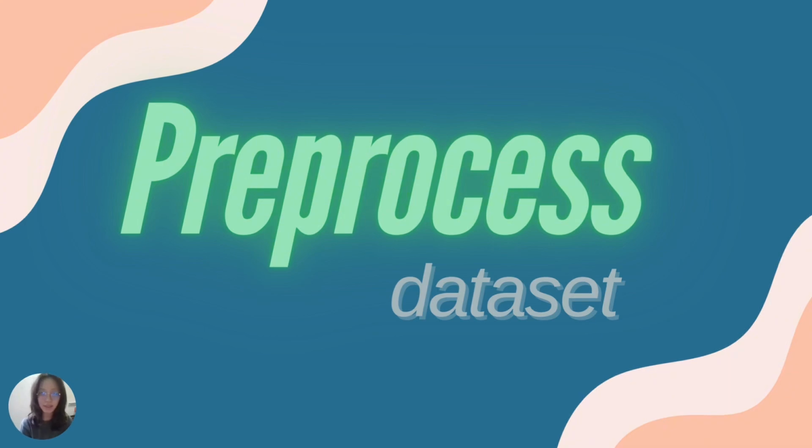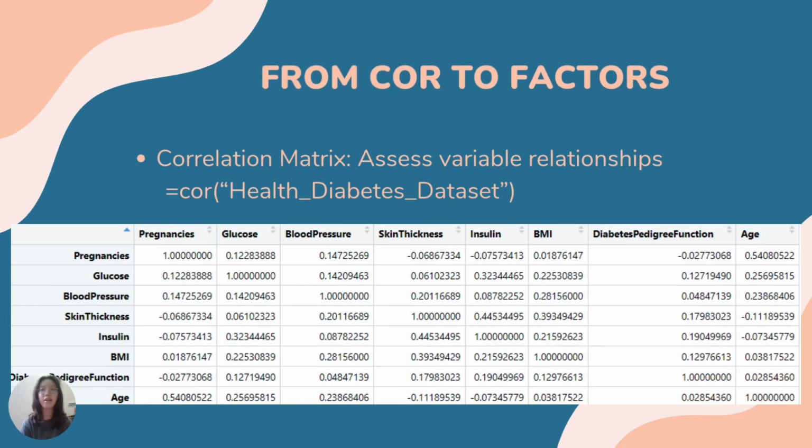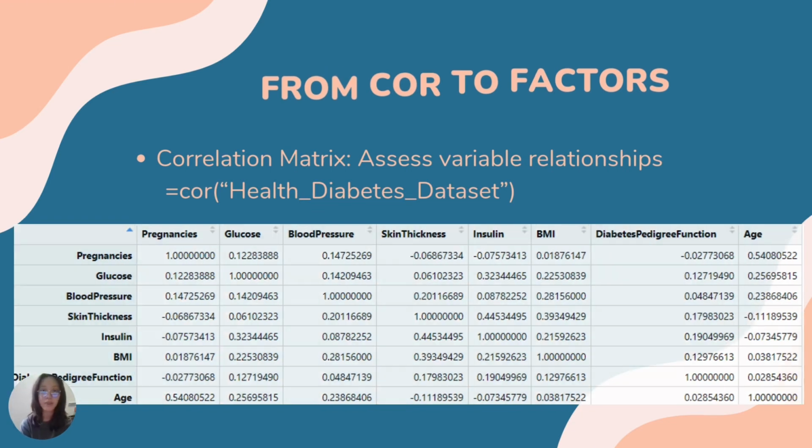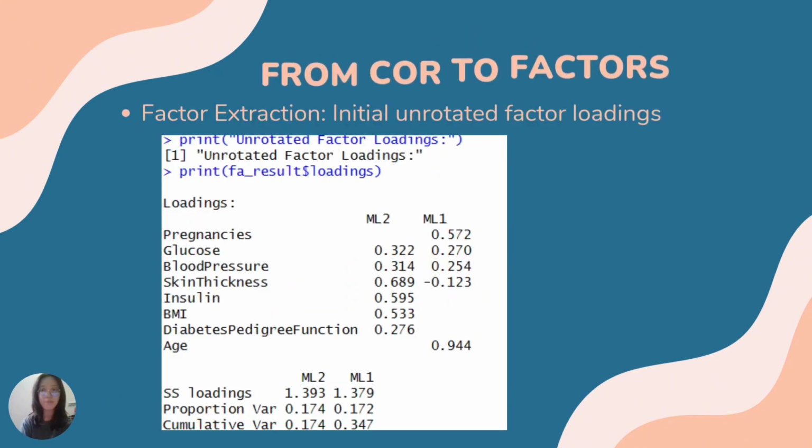Before we start factor analysis, it's important to prepare the data properly. First, ensure the dataset has no missing values. Then, remove any irrelevant variables that don't add meaning to the analysis. Since we use the correlation matrix to apply the factor analysis, there is no need to standardize the data. Next, the correlation matrix is computed to assess the relationships between variables. At the same time, a scree plot is generated to determine the number of factors to retain.